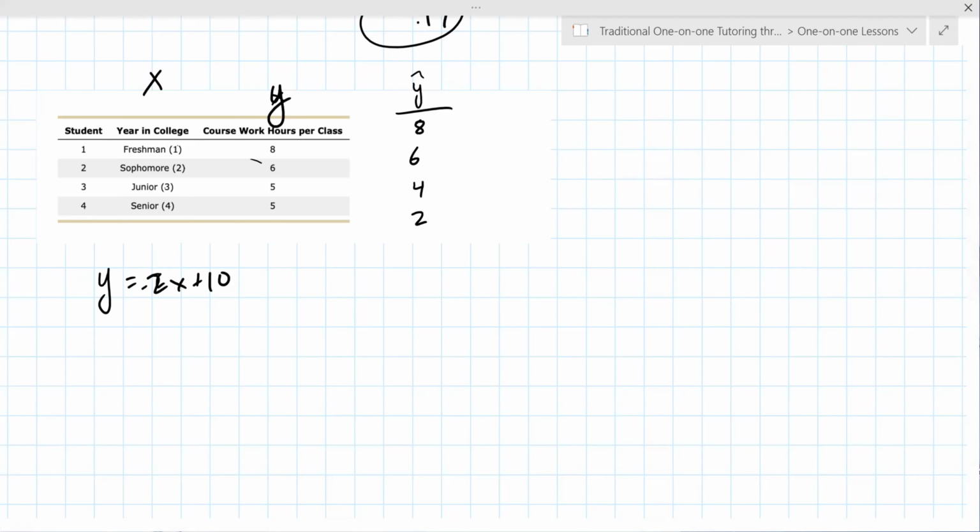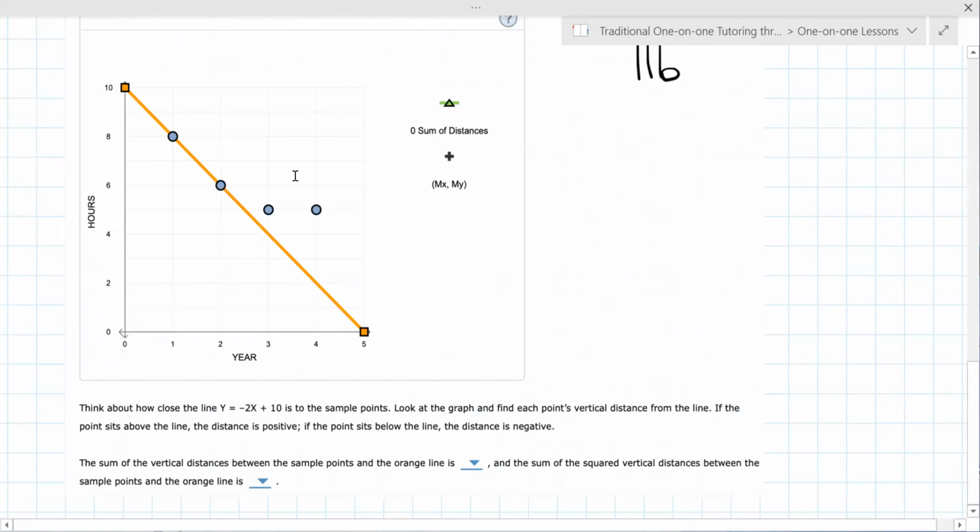So none of that probably makes any sense until I grab the picture. The blue circles are the actual data, and this line right here is the predicted. See how those first 2 points are right on it?